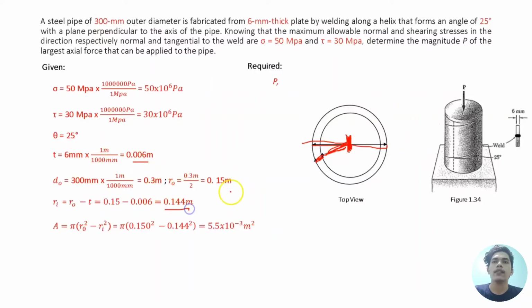So we will get 0.144 meter. In order to calculate the area, this is the formula. So pi r squared is the cross-section of this cylinder. This is the top view, so this is only the cross-section. So pi times 0.150 squared minus 0.144 squared, we will get this answer.